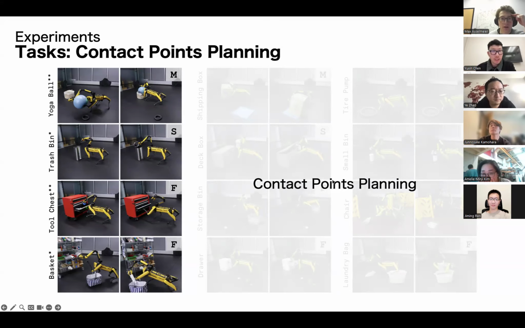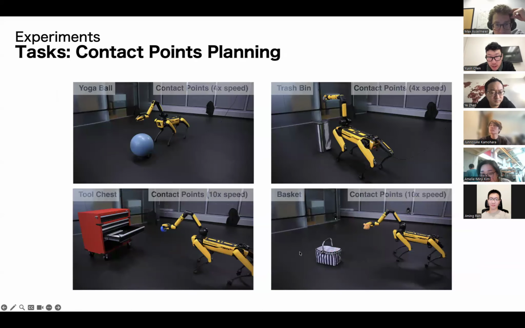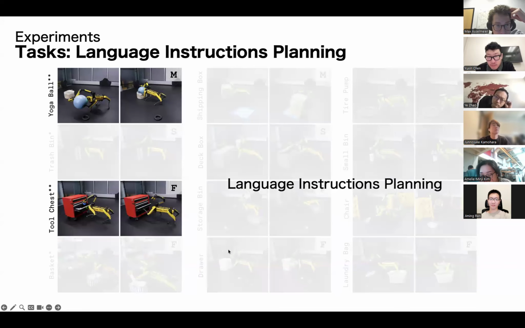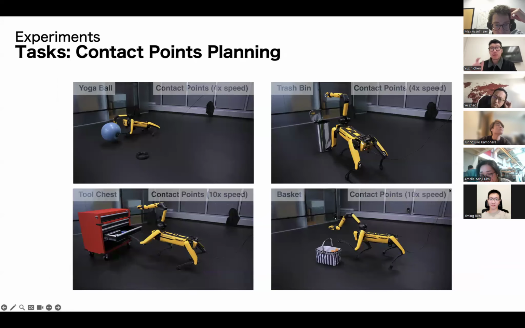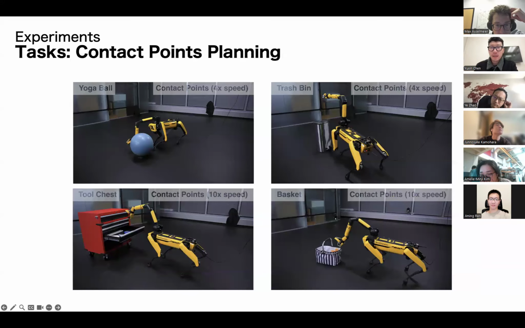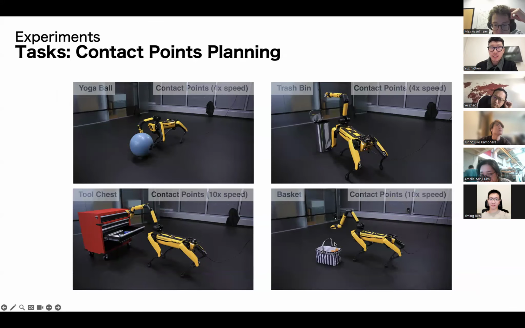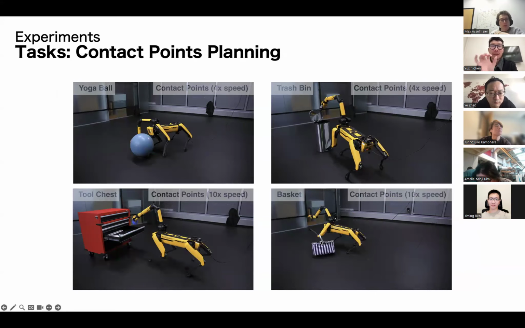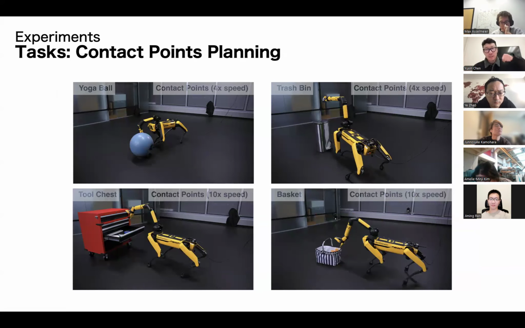So in this case, if you check this basket video, we specify two contact points. One is here, one is here on the 3D point cloud. In that case, we try to guide it through a sequence of contact points to actually go into the hook of that basket.